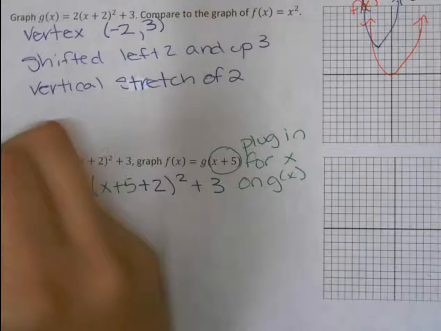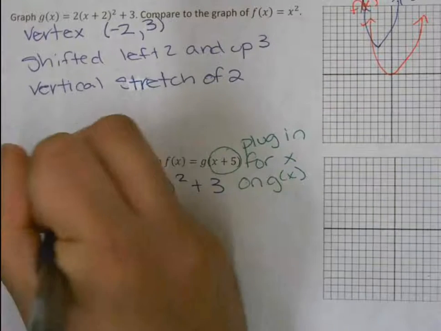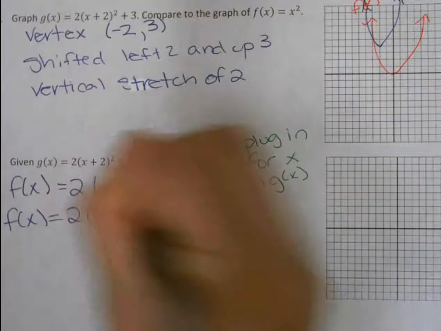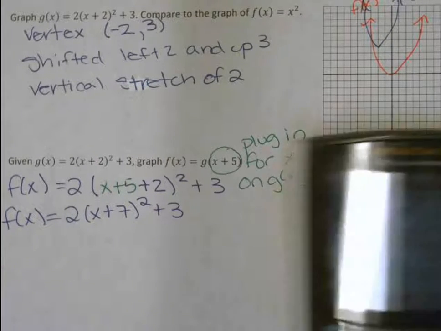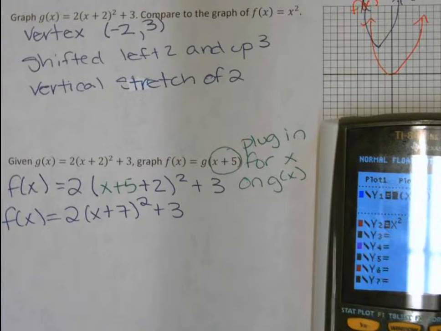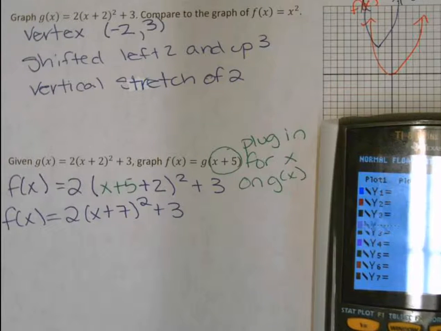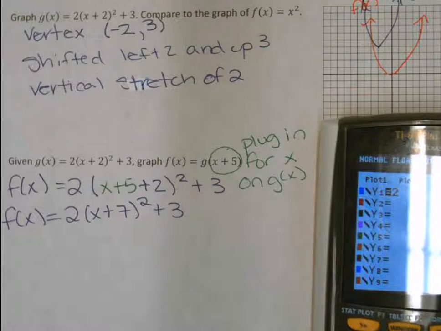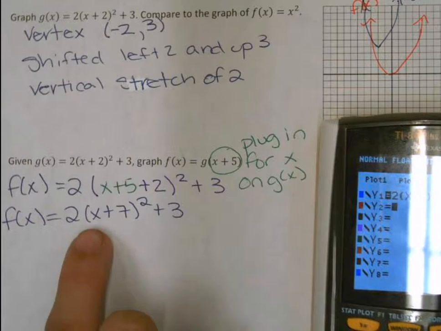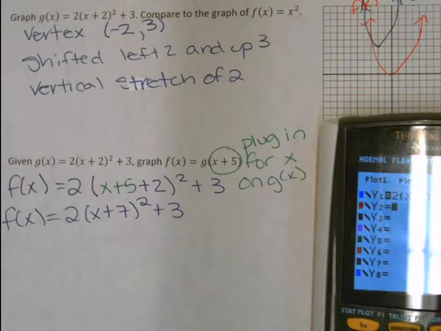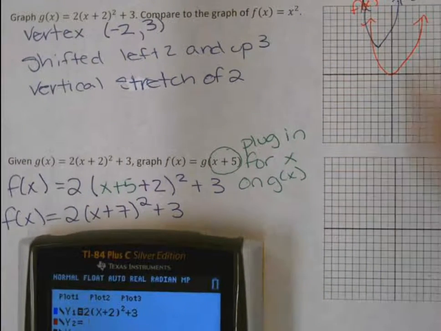So I'm going to rewrite this. Okay. And now I can graph my 2 in the calculator. The bottom is not x squared anymore, it's changed to this new one I've written. It's in the light. Let me move this up so I can see.